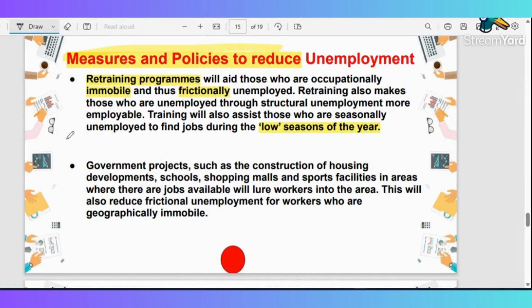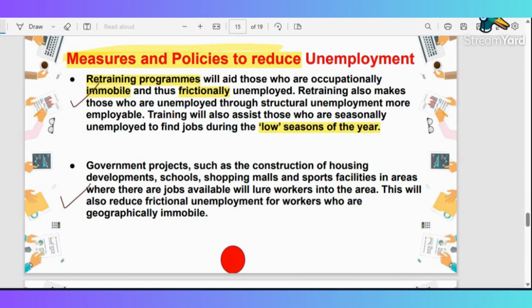So where there are high levels of unemployment, the government can put in place structures where the jobs are closer to where there is high unemployment. So persons who are fixed, immobile, whether geographically, etc., instead of them going to the work, the work is coming to them in a closer way.